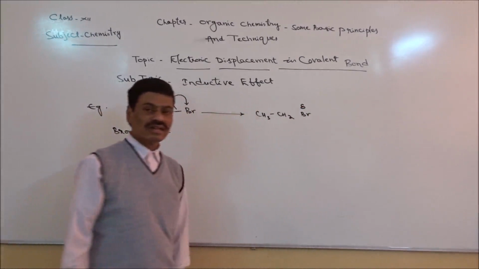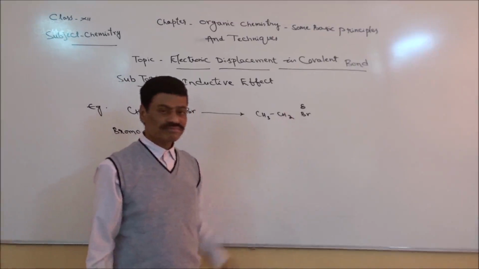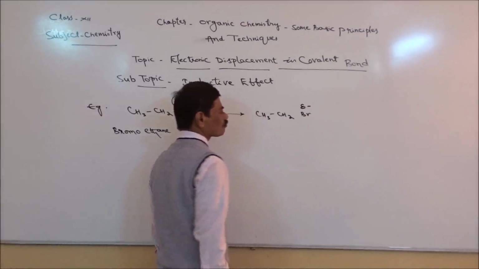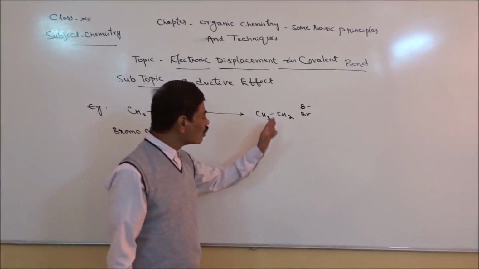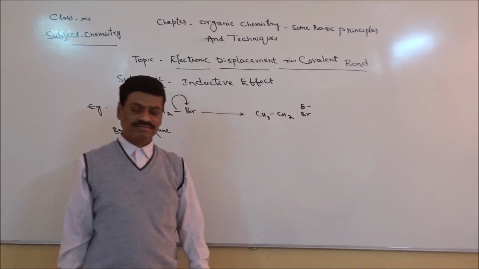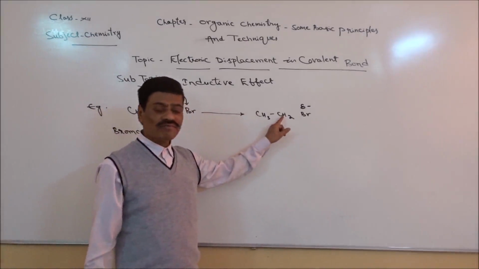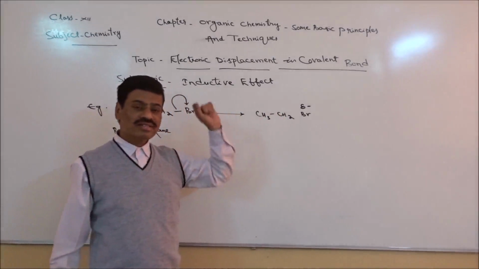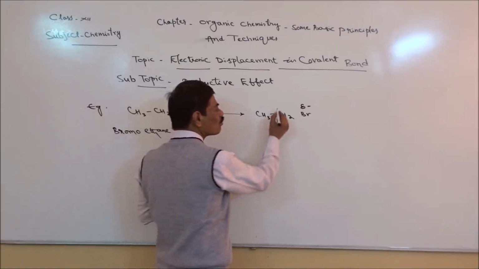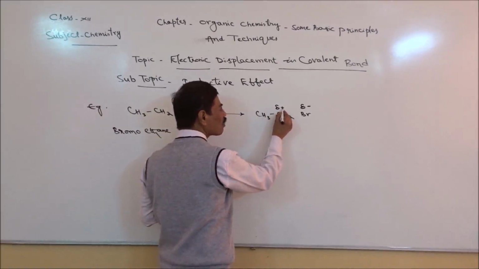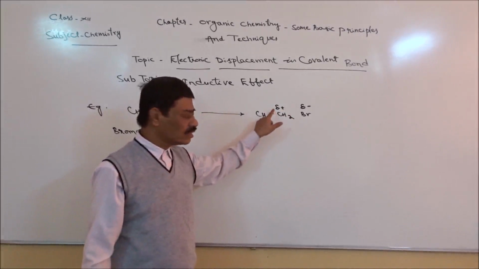This means little. This is delta. So Br will get little negative charge because that bond moved close to Br. Since that electron density moved away from this carbon, so this carbon will get little positive charge in this way. Delta positive. That's how we need to read.